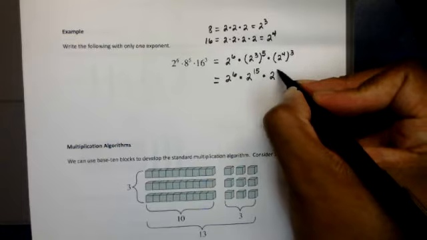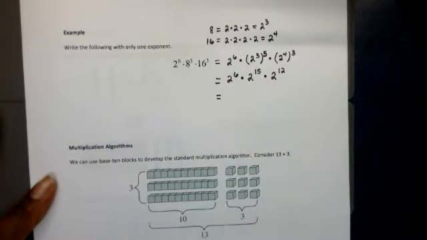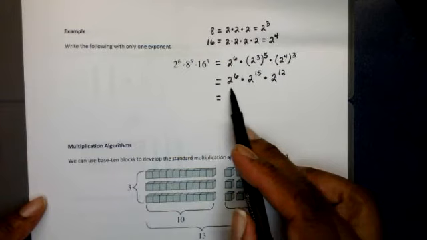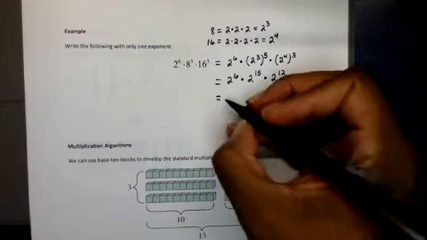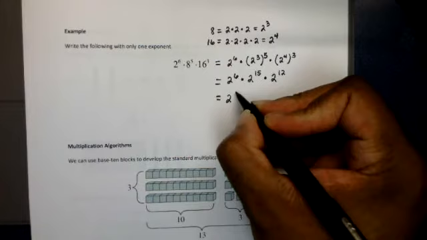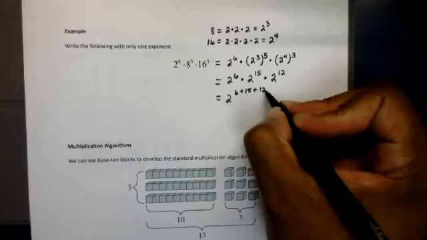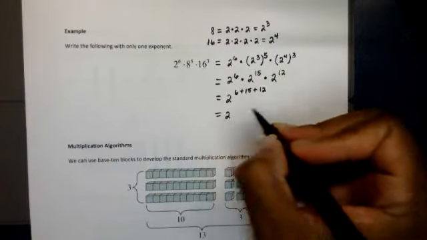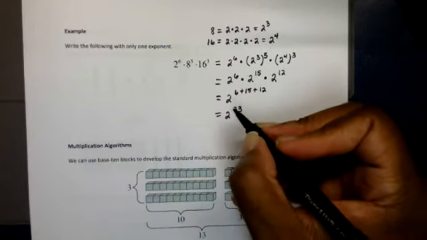So 4 times 3 would be 12. And now I'm multiplying powers of the same base. So the base is 2, I'll bring that down and then add these exponents, add 6 and 15 and 12. This will be 2 to the 33rd power.